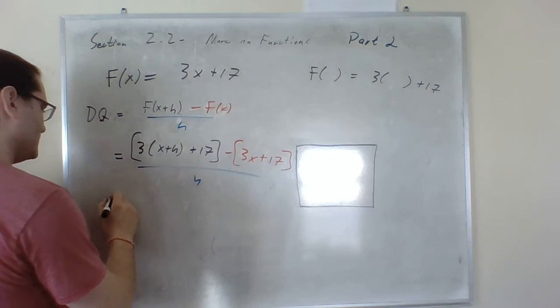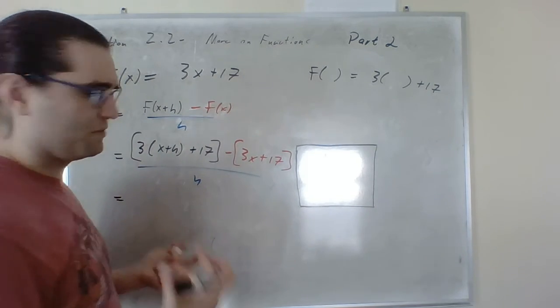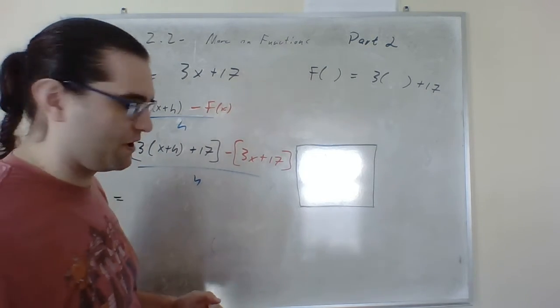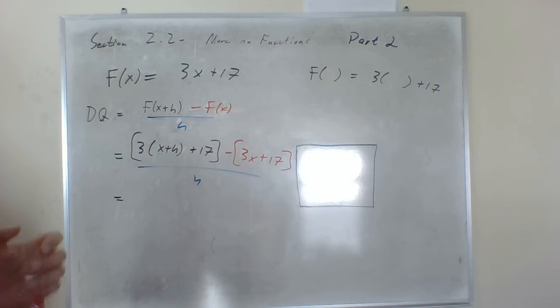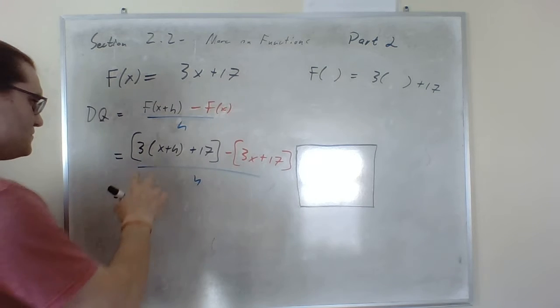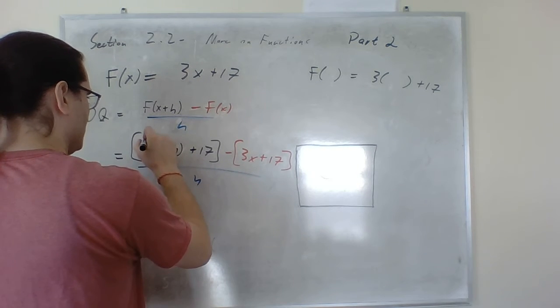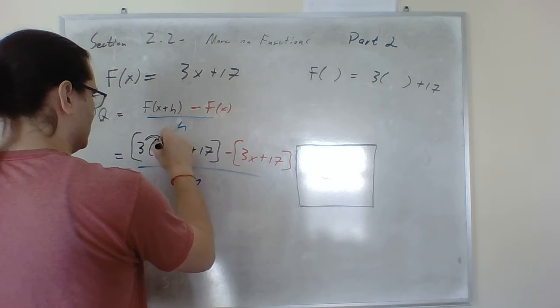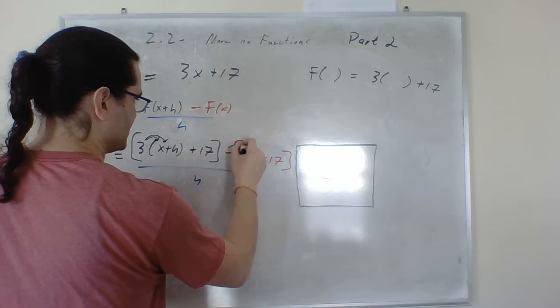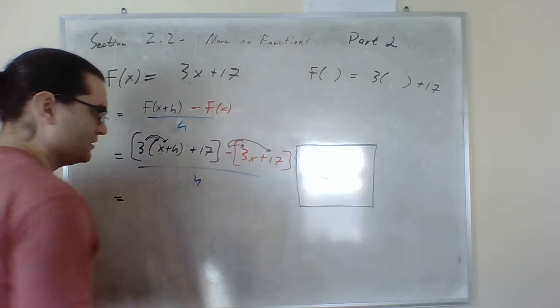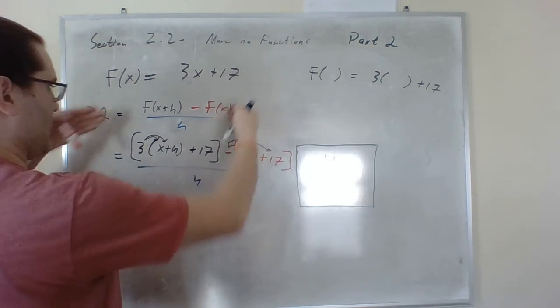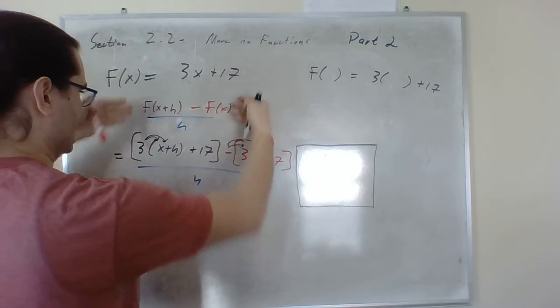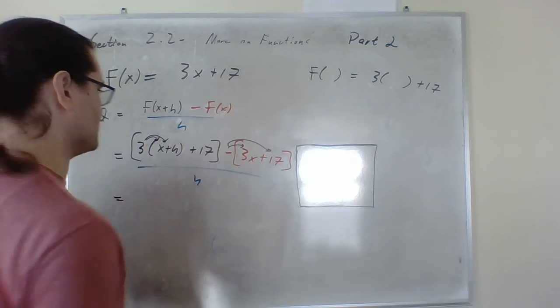From here, we need to do some simplification, which we know how to do. We've been messing around with polynomials and expressions this whole time. We need to distribute this 3, and we need to distribute this minus sign. So after you've plugged in your function, the next step is always a lot of distribution.